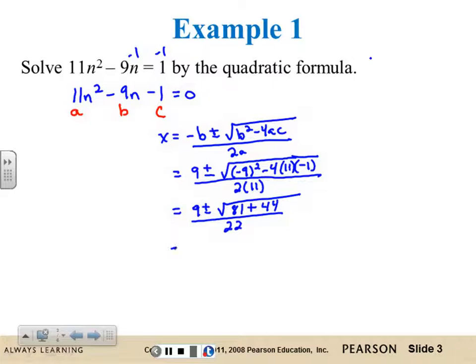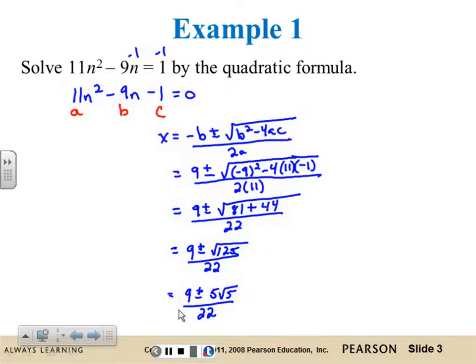So we're going to have equals 9 plus or minus the square root of 125 over 22, and we need to simplify that 125, so we're going to get 5 root 5 over 22. And this will not reduce, so this is going to be your answer.